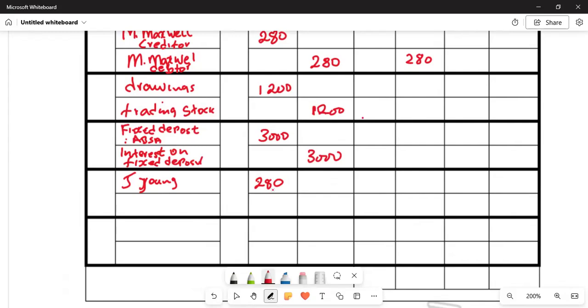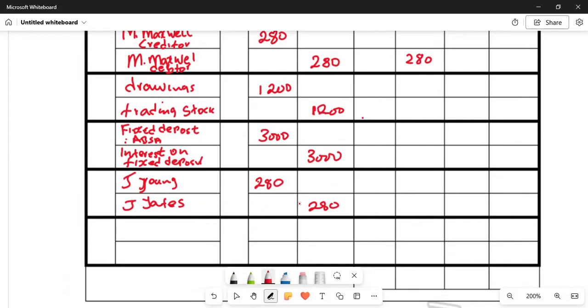We are trying to restore his balance. Then we credit J Yates with 280, correctly reducing J Yates' balance. He returned the goods. That is how we are to record it.